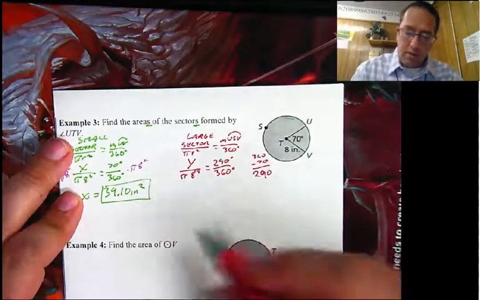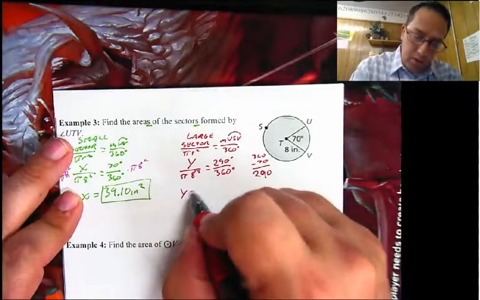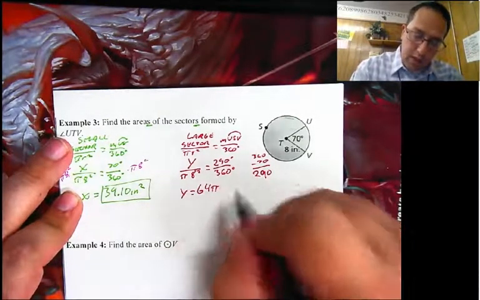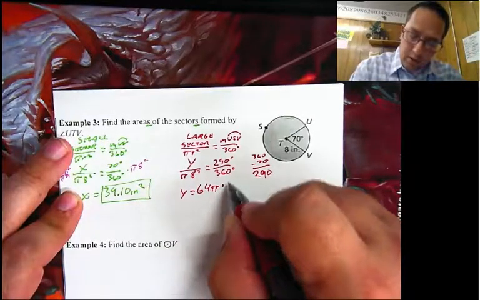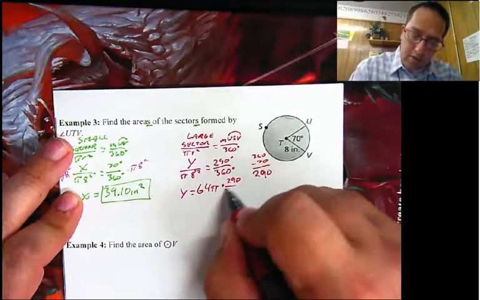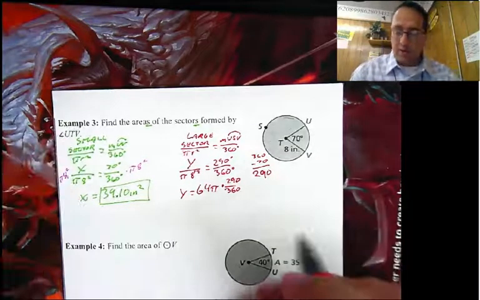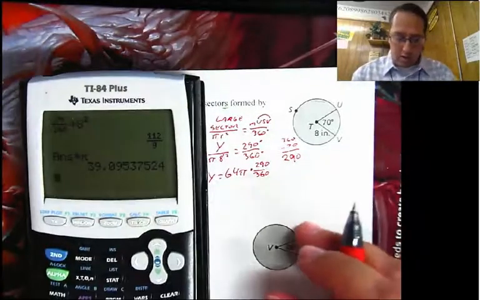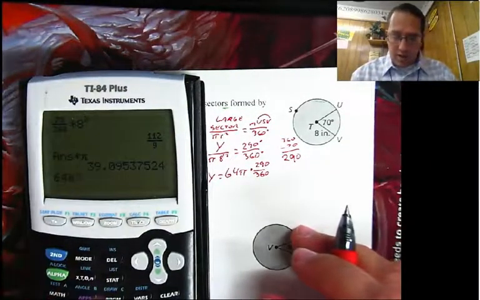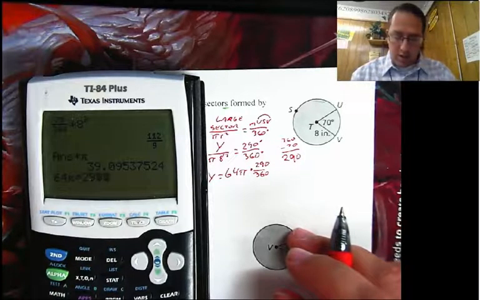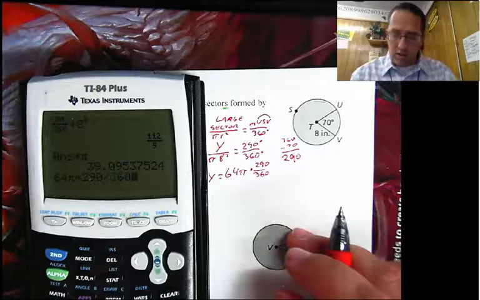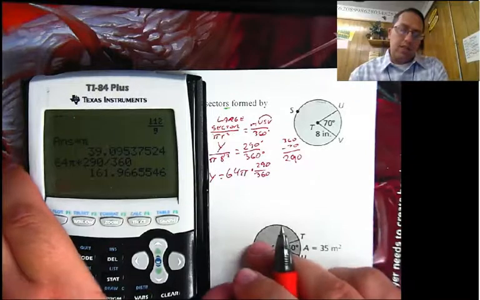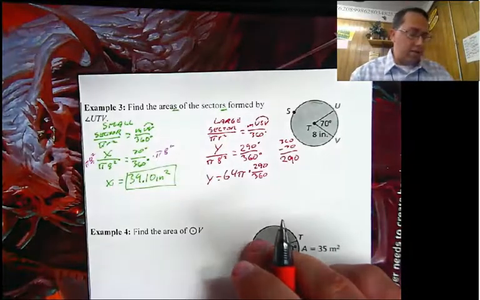Again, multiply to get it by itself. So y equals, well, 8 squared is 64, so 64 pi times 290 over 360. I'm going to just type this all straight out, just so we can see it another way: 64 pi times 290 divided by 360, and we get 161.966, so that'll be 161.967.